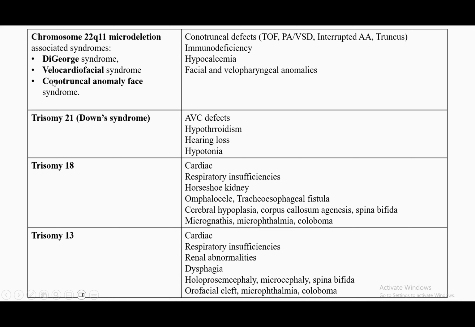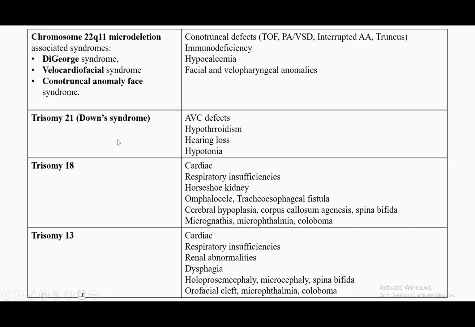We have conotruncal defects like Fallot, pulmonary atresia VSD or interrupted aortic arch, or truncus arteriosus. Immune deficiency because of deficiency in the thymus gland, hypocalcemia because of deficiency in the parathyroid gland, facial and velopharyngeal anomalies that may cause difficult intubation.